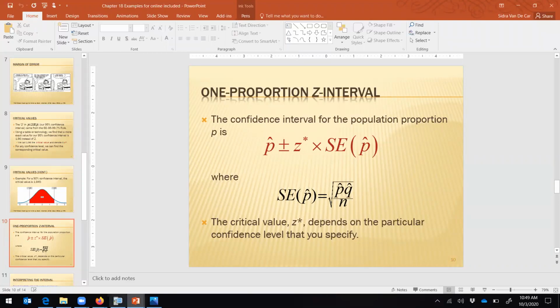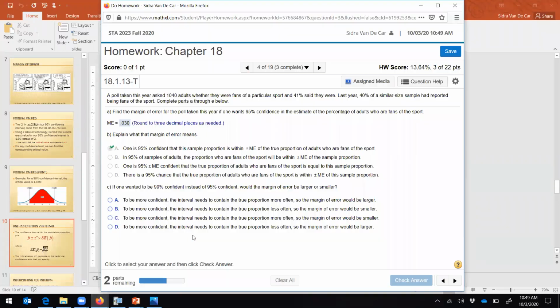So the more confident I am, the wider the interval. To be more confident, the interval needs to contain the true proportion more often. So the margin of error would be larger. That seems like a correct statement. Let me make sure I'm not making a mistake. No, that's not true. That's not true. Okay, so we're good.